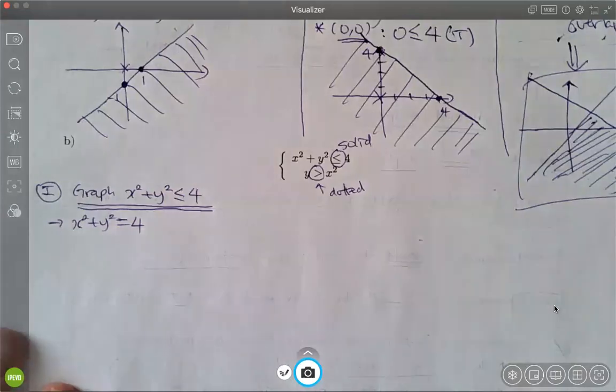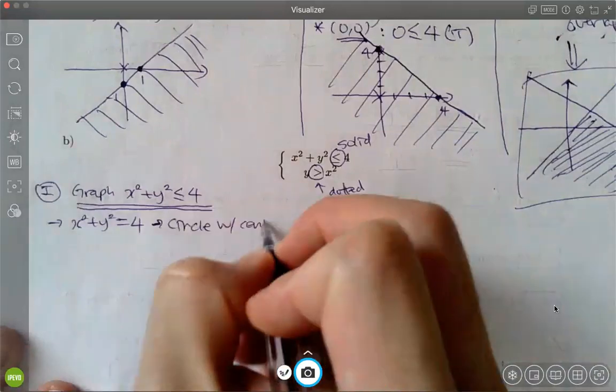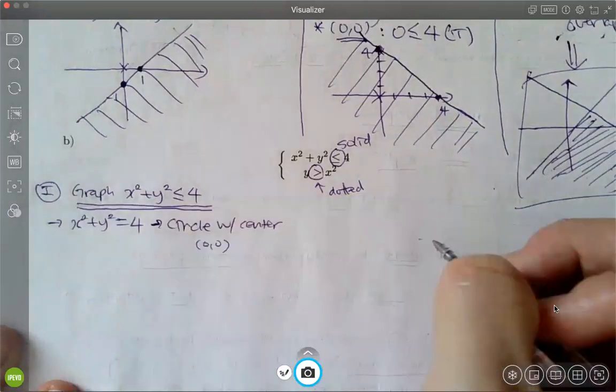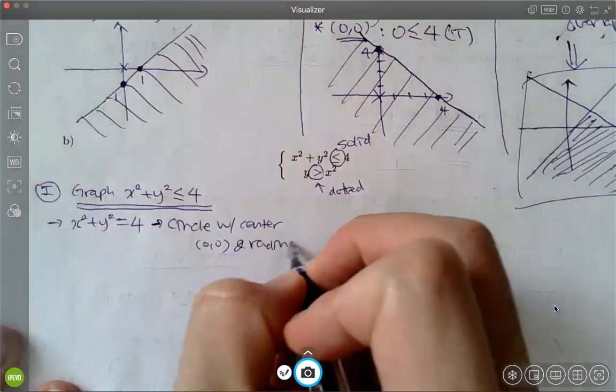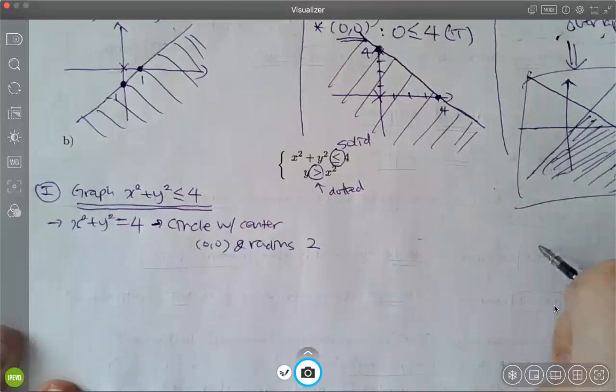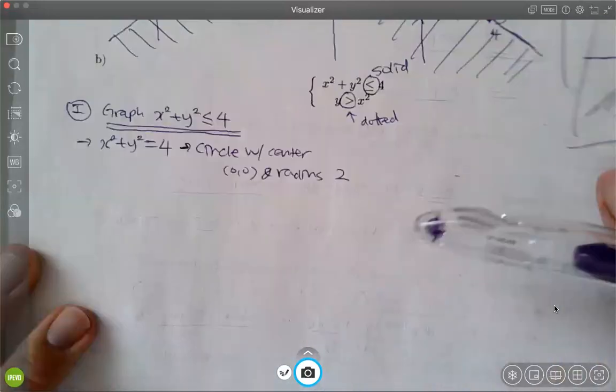Circle. Where is the center? (0, 0). And what's the radius? 2. Good. Okay. So this is a circle with the center (0, 0), and the radius is 2. Yes. Okay. So we know how the graph looks like.